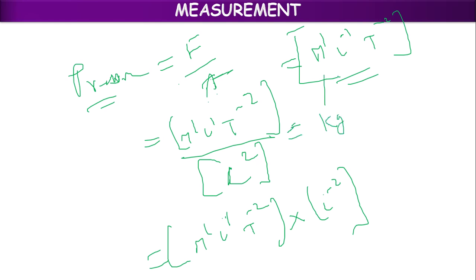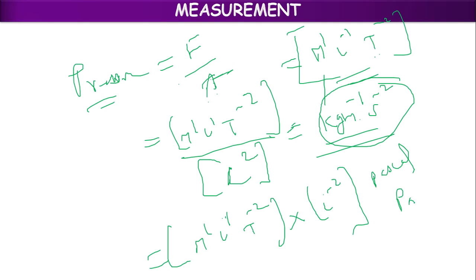Mass kg, length meter to the power of minus 1, time second to the power of minus 2. This is the unit of pressure, or it has a special name called Pascal, whose symbol is Pa.